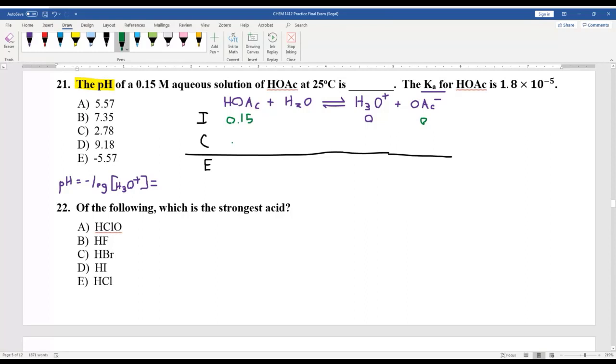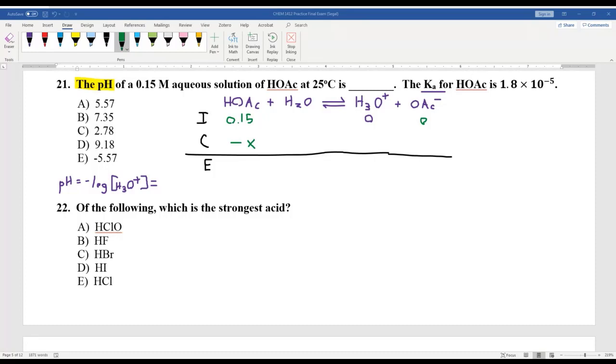Okay, so now I don't know what the change is, but I know this has to be a minus x because I can't subtract from the products. Why can't I subtract from the products? Why can't I put the minus x on the product side? Well, it is true that the concentration of products increase, but how do you know that? Why would it be impossible for the concentration of the products here to decrease?